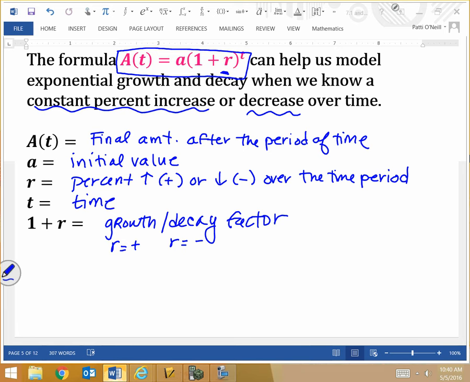So think about if we start with our whole and we're adding something onto it, we're growing. If we start with our whole and we subtract something from it because it's negative, then we're decreasing it or decaying. So it's important for you to know this version of the formula, know what the components of it mean, so that we can apply it in an actual realistic problem, which we're going to do here in a second.